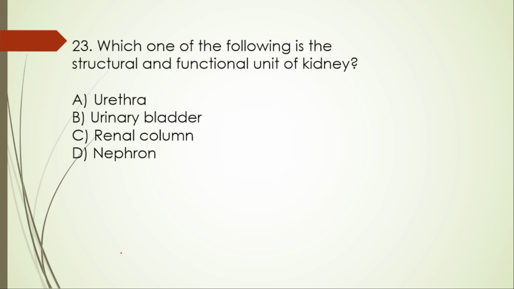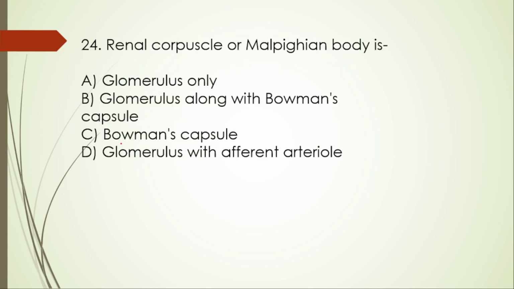Next, which one of the following is the structural and functional unit of the kidney? Option A, urethra, B, urinary bladder, C, renal column, D, nephron. So here the right option is D, nephron. Next, 24. Renal corpuscle or Malpighian body is A. Glomerulus only, B. Glomerulus with Bowman's capsule, C. Bowman's capsule, D. Glomerulus with different arterioles.